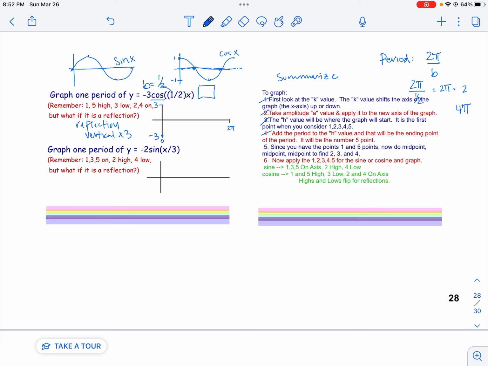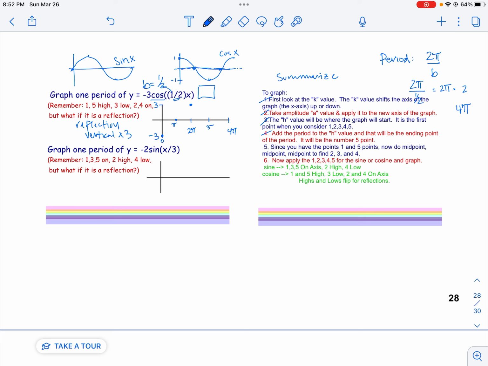So now, instead of ending at 2 pi, my ending is going to be at 4 pi, which means between 0 and 2 pi, I should see half of the cosine curve, which is what that 1/2 is all about. So now I can start down here at the -3, go to 0 here, halfway between 0 and 2 pi is pi, go up to 3 at 2 pi.